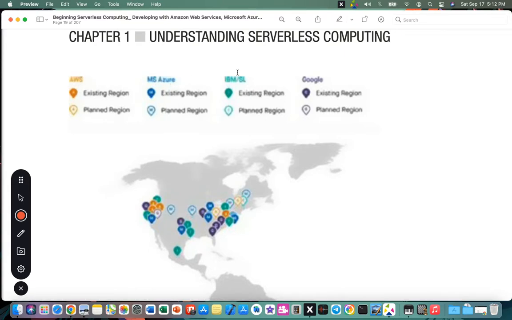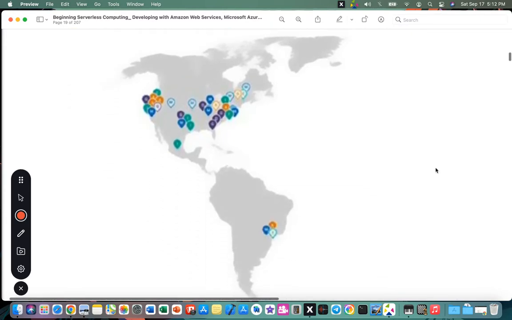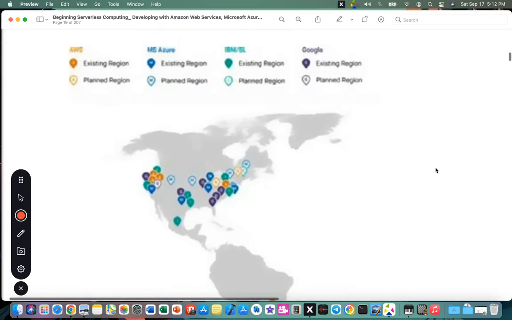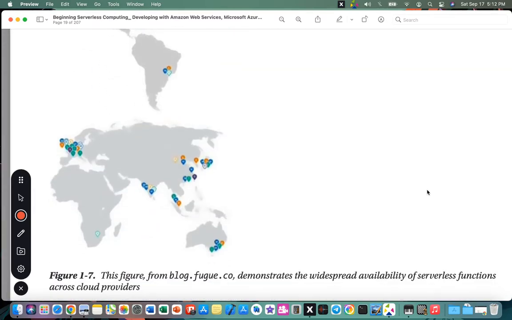This is Microsoft Azure, this is IBM, and this is Google. Now we have IBM here, right? And how widely they are used, existing and planned, right? So basically they are planning to control the whole entire world, right?